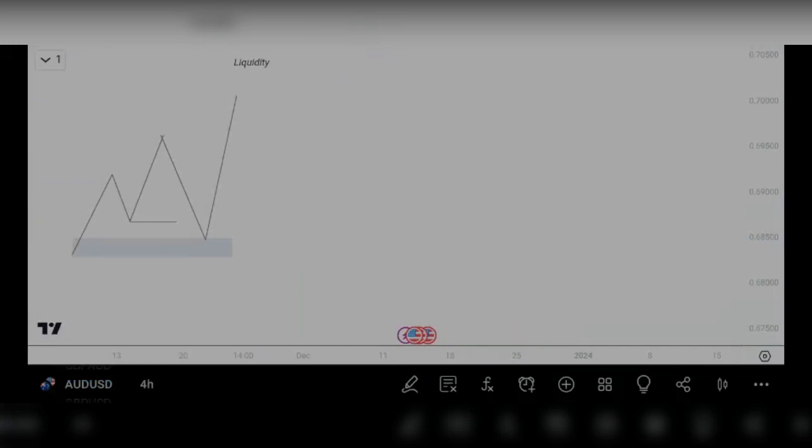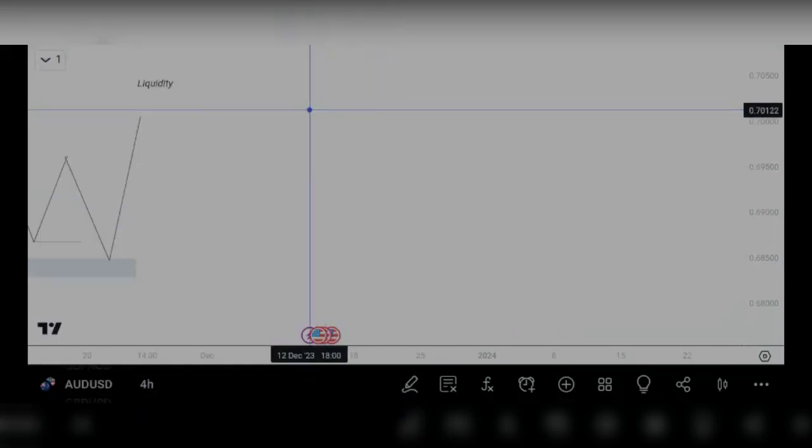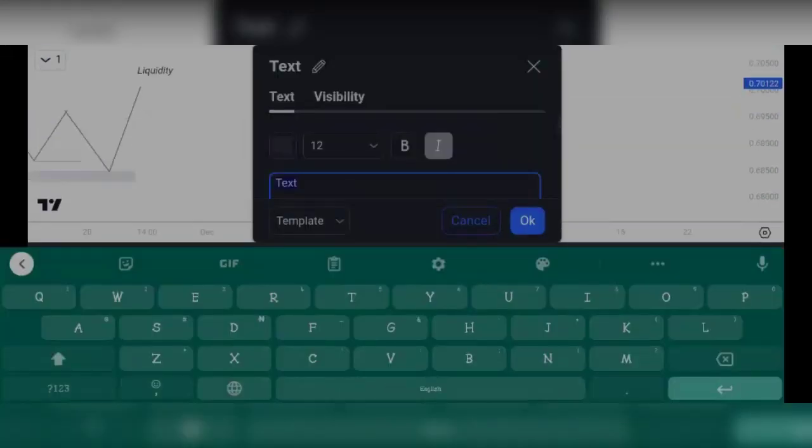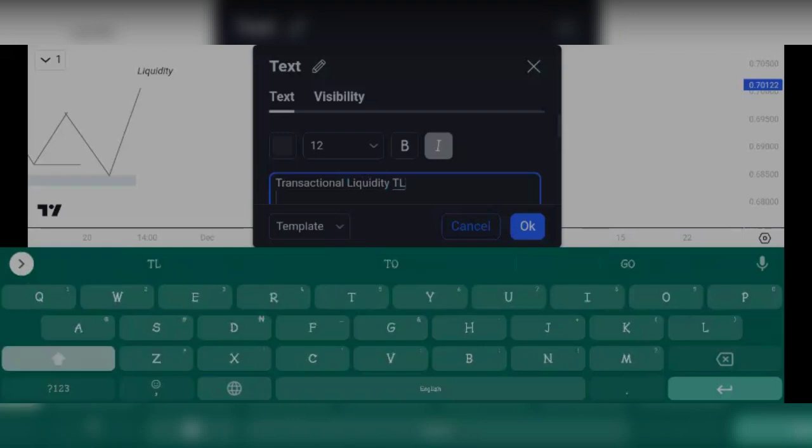So now when we are talking about liquidity, most importantly, we have 4 types of liquidity. We have the transactional liquidity, also called the TLQ. We have the structural liquidity, SLQ.